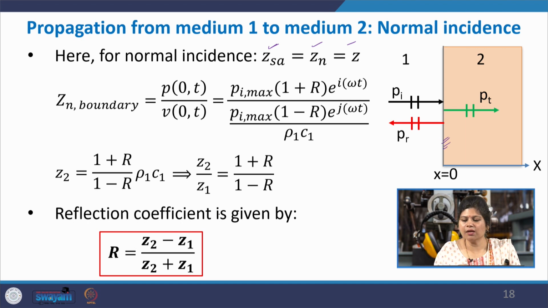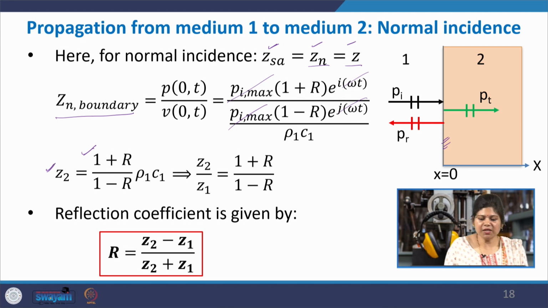To find the impedance for this surface, we put in the equations we have derived. This cancels out, this cancels out, and we get (1 plus r) by (1 minus r) divided by rho 1 C1. By definition this is all the same for medium 2, because it is medium 2 we are entering, so this becomes the Z of medium 2.